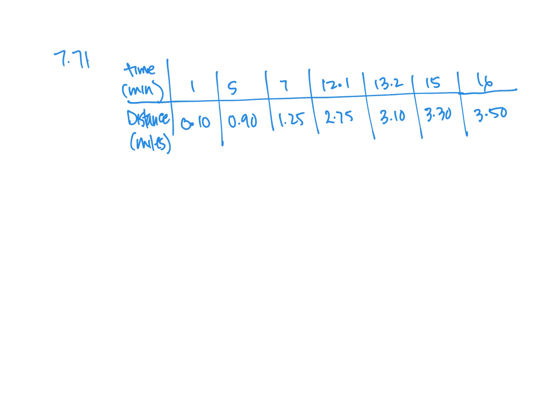You could go between, let's say, 1 and 7, or even 1 and 15. So you have to find the second fastest rate of change on this one. And so you are looking at the change in miles over the change in minutes. So take a look and see if you can calculate the fastest rate of change for this one.